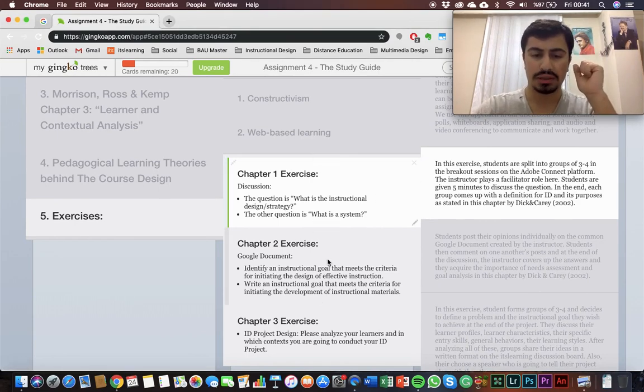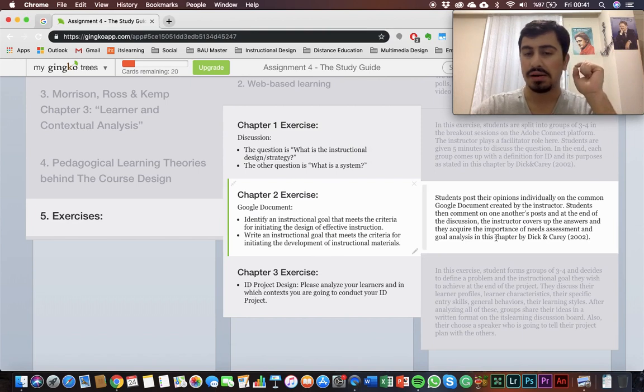So, moreover, in chapter 2, I again create a Google document for students to identify an instructional goal that meets the criteria for initiating the design of effective instruction. Also write an instructional goal that meets the criteria for initiating the development of instructional goals.